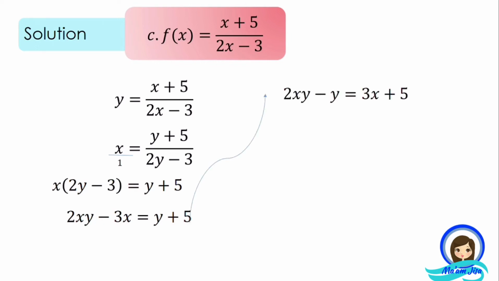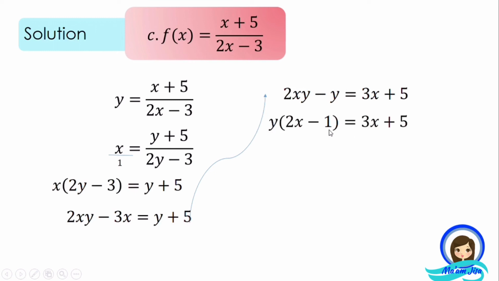Next is to group the terms with y. So that gives us 2xy minus y. And then, on the other side of the equation, we have 3x plus 5. Basically, we transpose y to the left side, while negative 3x is transposed to the right side.